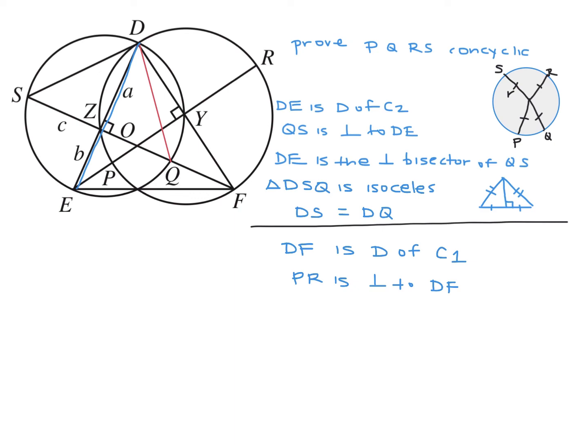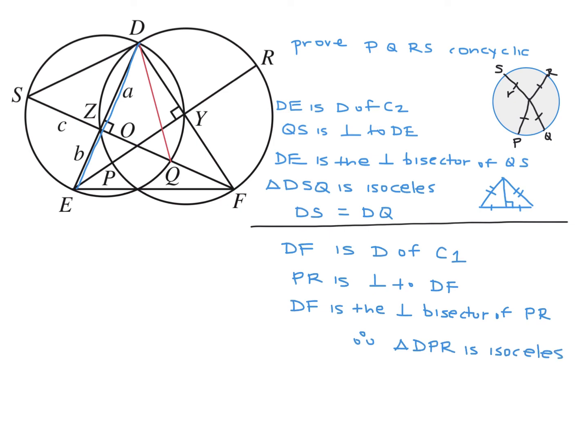So that's why we know that that line PR is perpendicular to DF. And therefore we can conclude that DF is the perpendicular bisector of PR for the same reasons as before. And therefore we can conclude that DPR triangle is isosceles.